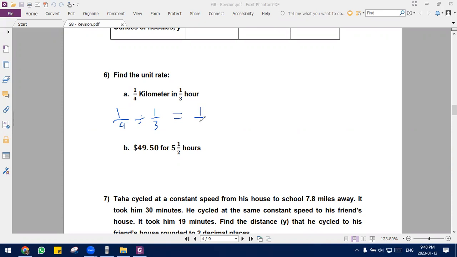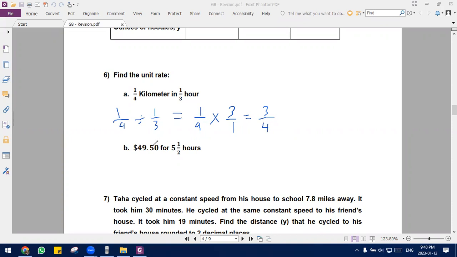So 1 over 4, the first fraction stays the same, then division changes to multiplication. And the second fraction, 1 over 3, we flip it, it's 3 over 1. Now you multiply 1 by 3 is 3, and 1 times 4 is 4. So this is the unit rate.